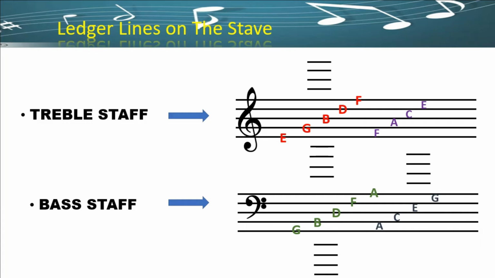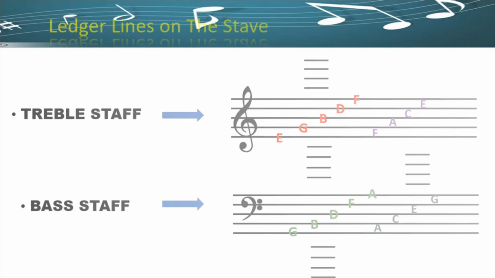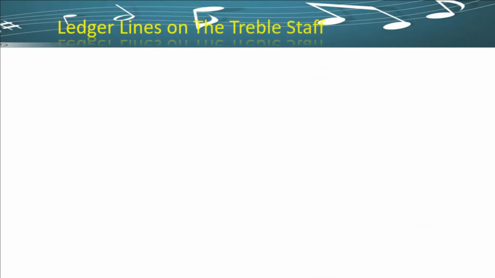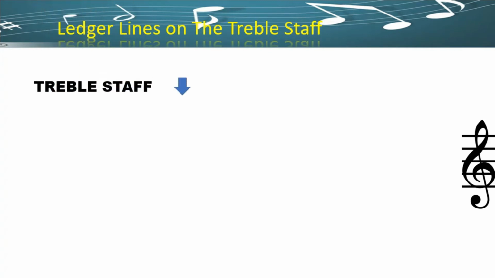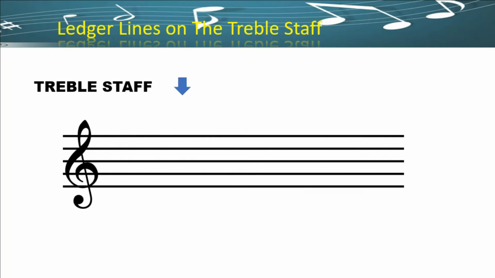We want to quickly look at each individual staff, the treble staff and then the bass staff. So we'll begin with the treble staff. First, let's look at the staff. Now that's the treble staff. Of course, I don't need to talk about the 5 lines again, and we equally know the names of the spaces.